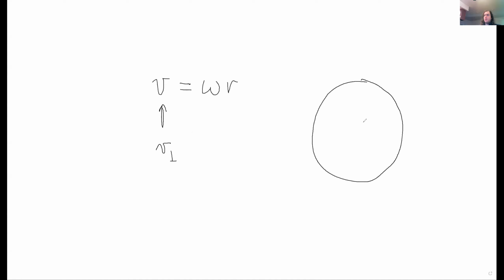So the magnetic field is coming out at us, and this velocity here, that's the perpendicular velocity. It's also the velocity that is tangent to this circle here. So the tangential velocity is equal to the velocity that's perpendicular to the magnetic field. So does that help out? So if you want to solve this, omega is V over R. Does that make sense? Yes.